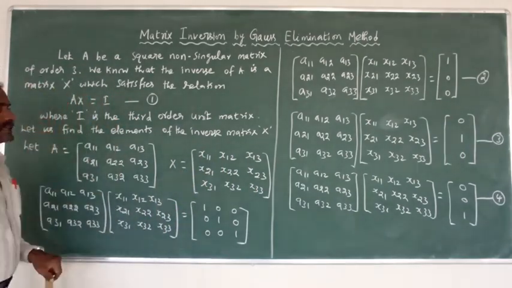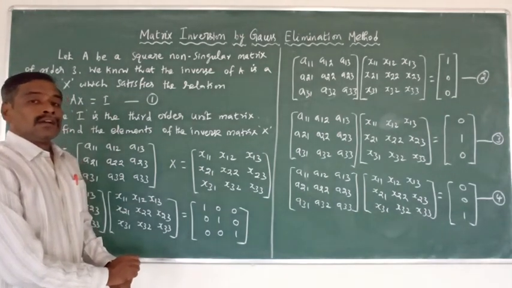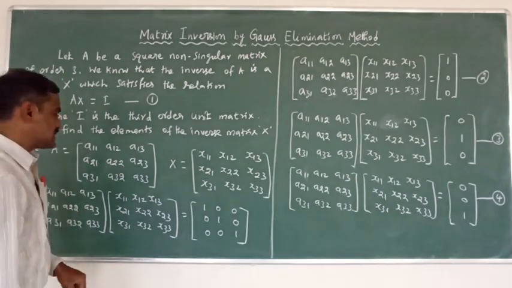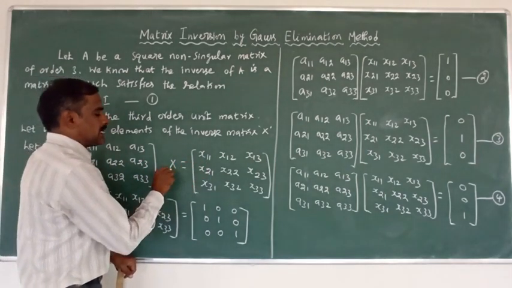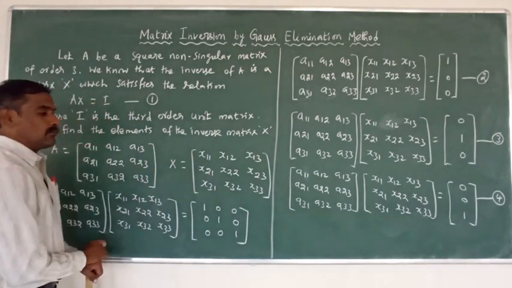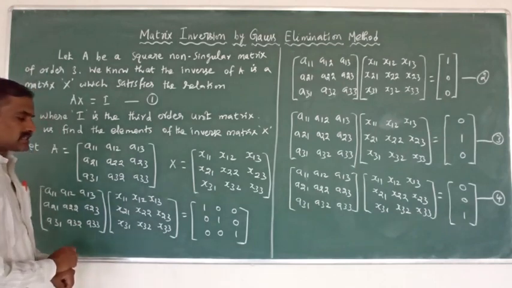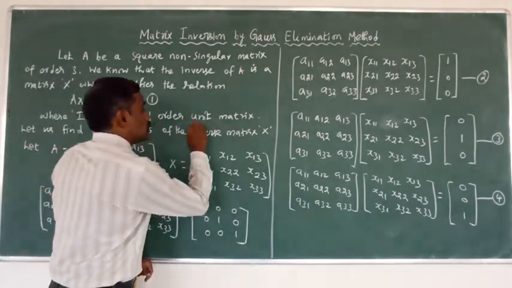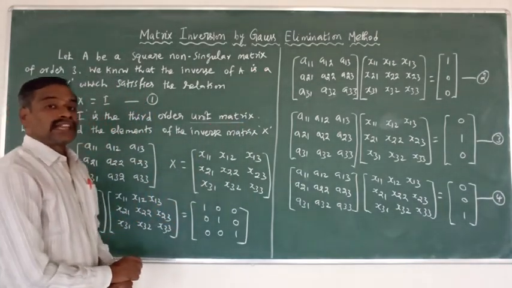And I represents the unit matrix. Here A and X both are 3 cross 3 non-singular matrices, and I is the unit matrix, also 3 cross 3.